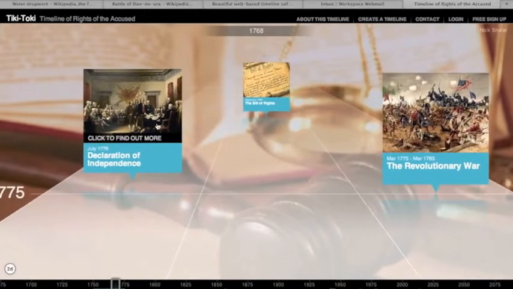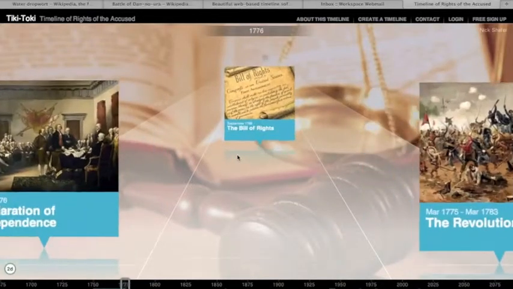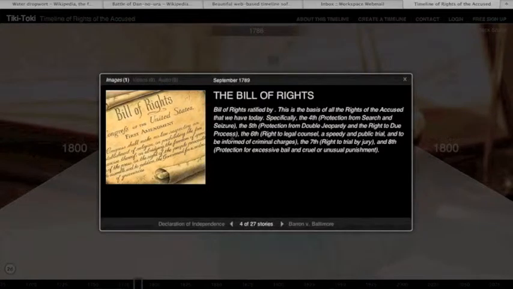However, the Declaration of Independence was important because it enumerated some of the broader themes of the rights of the accused, such as equality under the law, like "all men are created equal" in the preamble. But the most important historical document relating to the rights of the accused is the Bill of Rights, which was ratified in 1789. Actually, it wasn't ratified by all the states until 1792, I believe.